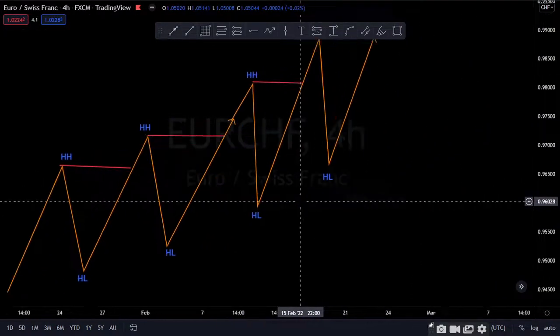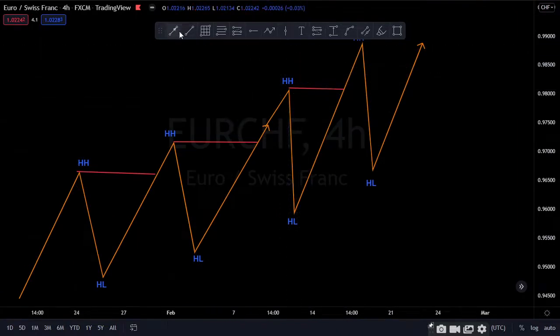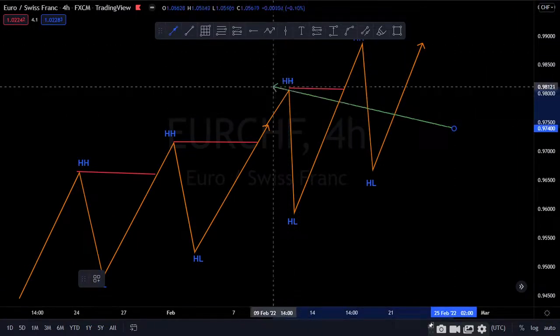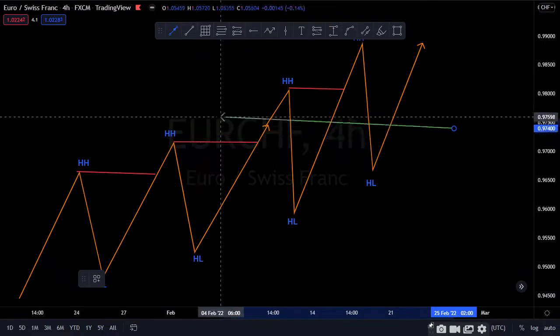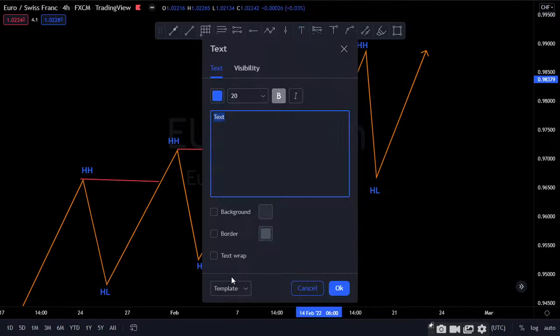You get it? Now, I told you these areas are very, very important. They are called BOS. The full meaning is break of market structure.